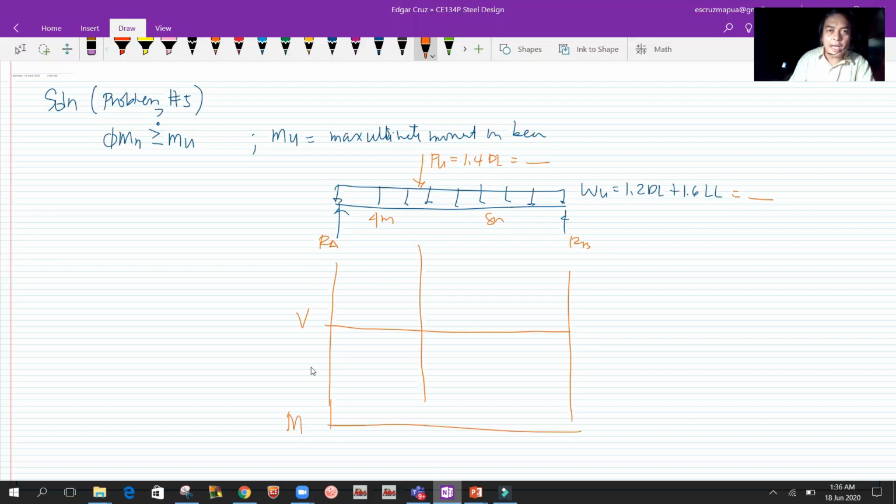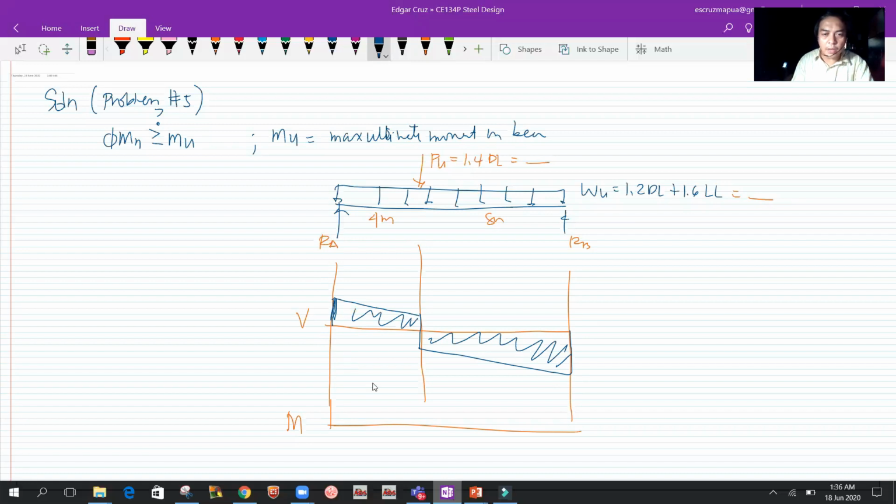Okay, so yun yung kailangan mong identify yung maximum moment. Halimbawa, sa shear, so tataas ka, you go up by RA, tapos bababa ka ng uniform load, tapos bababa ka ng PU, tapos uniform load uli, tapos tsaka yung RB. So basically, ganyan yung mag-itsura ng shear diagram mo, no?